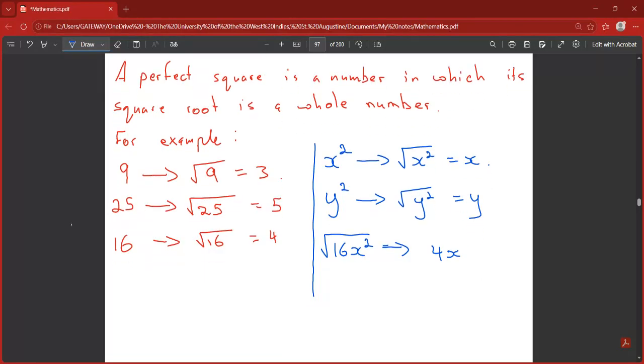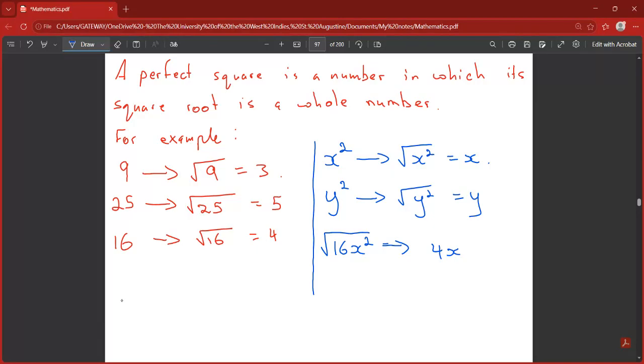Now look at this. If you square x, you will get back x squared, which is what we had here on this side. So if you square y, meaning raising y to the power of 2, you're going to get back y squared.